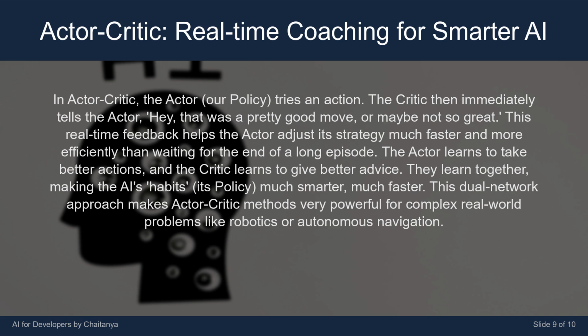The actor learns to take better actions, and the critic learns to give better advice. They learn together, making the AI's habits, its policy, much smarter, much faster. This dual network approach makes actor-critic methods very powerful for complex real-world problems, like robotics or autonomous navigation.